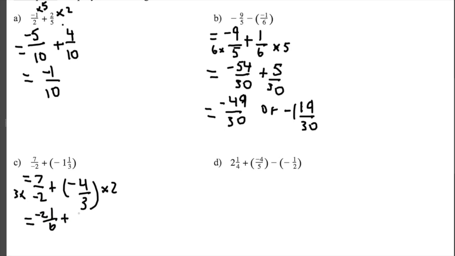In this case, it would be negative 8 over 6. In total, we're going to get negative 29 over 6.